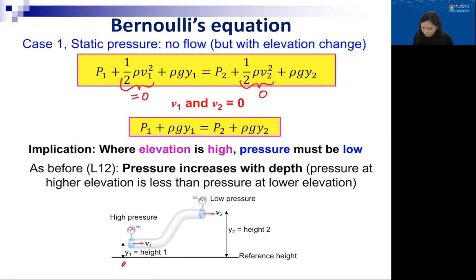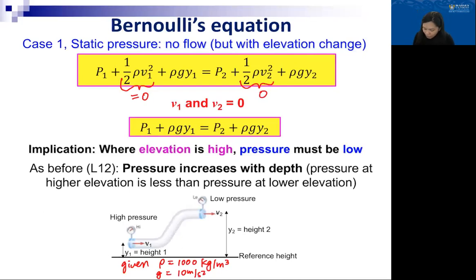For example, say the density is 1,000 kilograms per meter cubed, the density of water. Gravitational acceleration is 9.8 meters per second squared, but for simplicity let's say g is 10 meters per second squared, since it's easier to multiply by 10 than by 9.8.